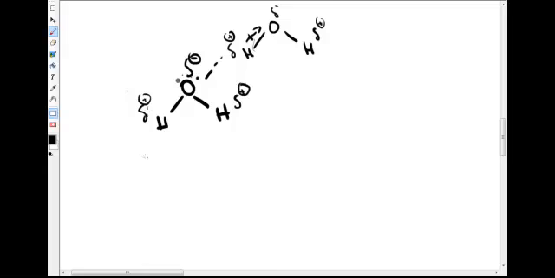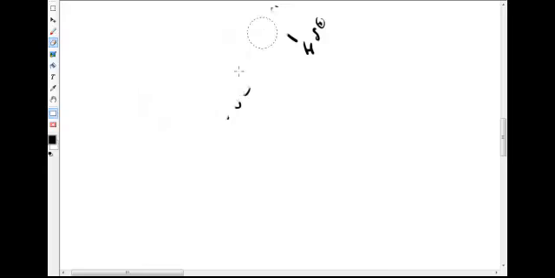Okay, so now we're going to talk a little bit about the boiling point of substances with these different molecules that have these intermolecular forces. Just intuitively speaking, the stronger the intermolecular forces, the harder it is going to be to break the molecules apart.